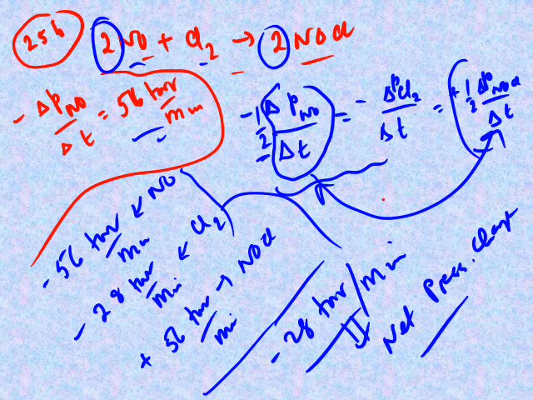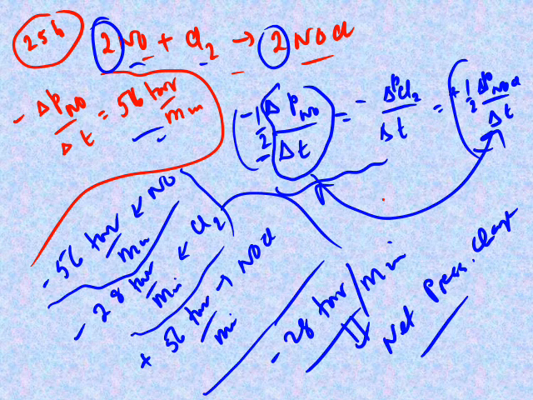Let's review this problem. First, we found out, based on this value, 56 torr per minute is given, that's the rate at which NO is reacting. So Cl2 would be reacting at half of that rate, because this half makes it equal to the Cl2 value. So that would be minus 28. Both are dissipating, so that's how pressure is changing.